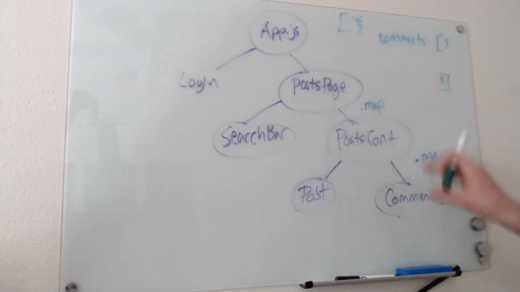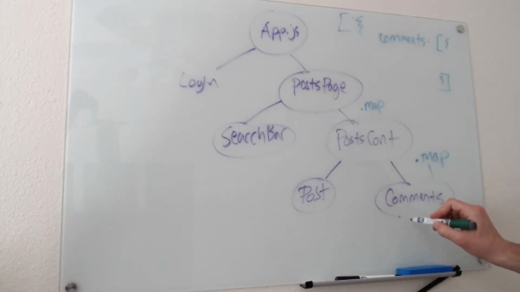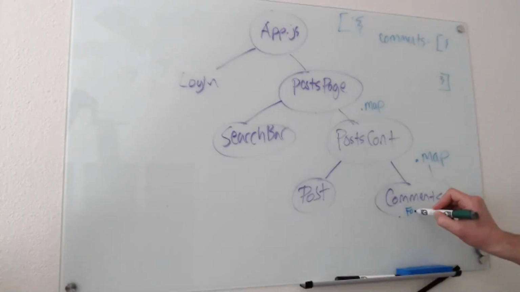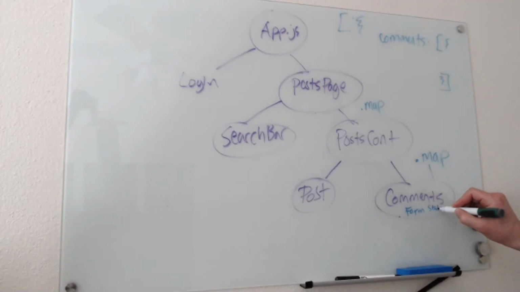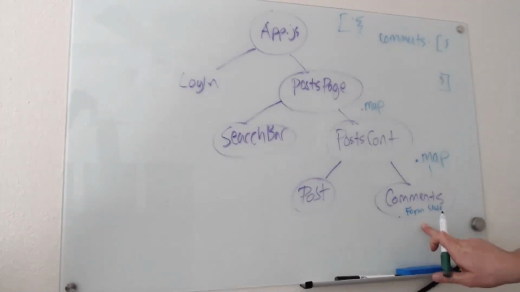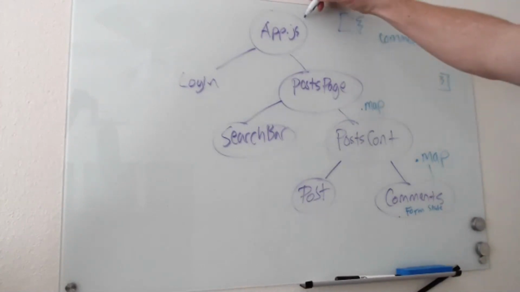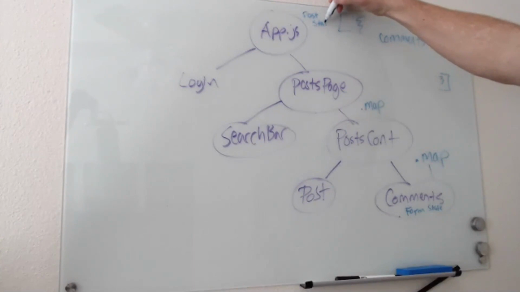And the reason that I want to do that is inside my comments, I have a form. So I'm going to come in here inside comments, and I'm going to say, there's a form inside here, and I'm going to plan on having form state be managed here. Then I'm going to plan on having my post state be managed up here.